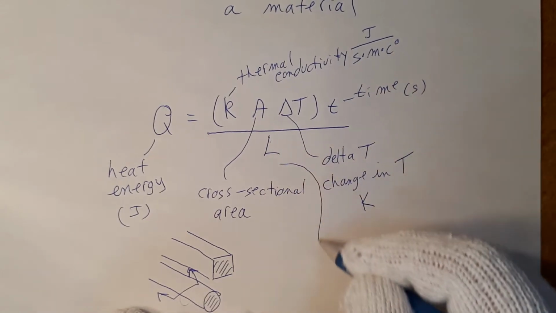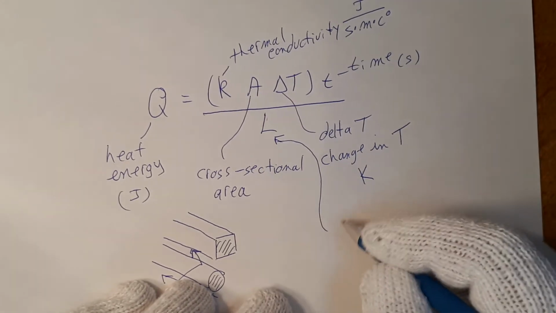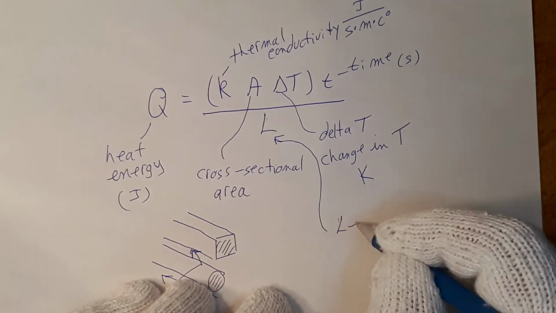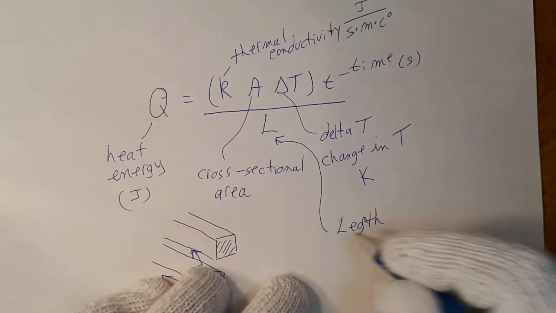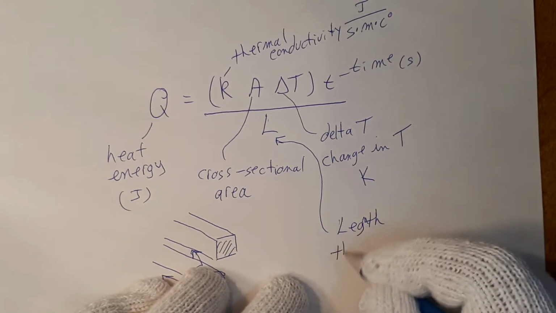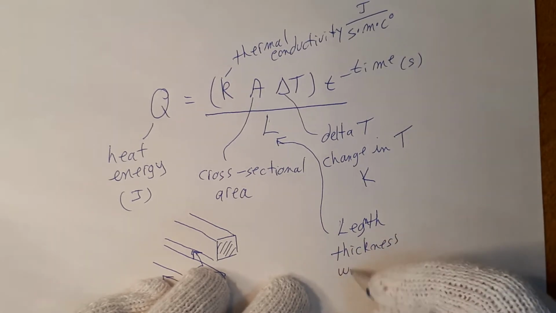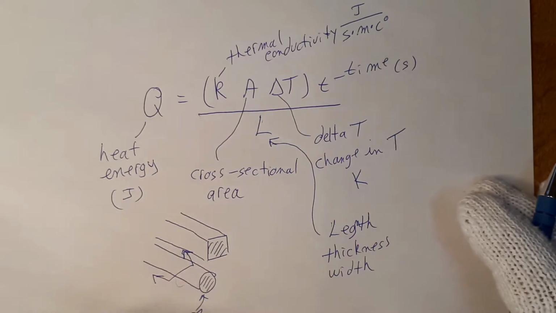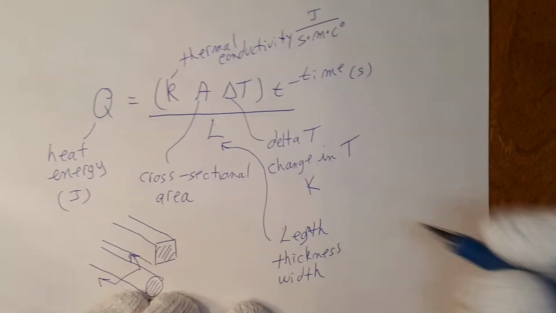Down here, the capital letter L. L is a distance. That distance could be the length of that particular object, or it can be the thickness, or it can be the width. It all depends on the distance that the heat needs to travel through.